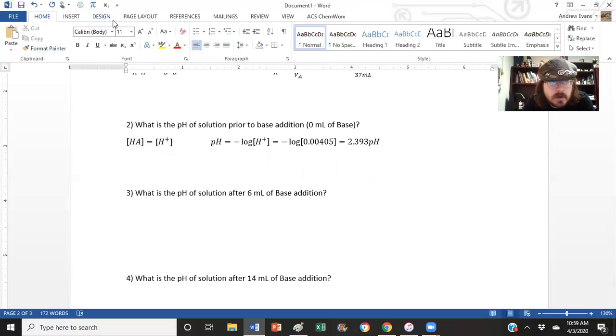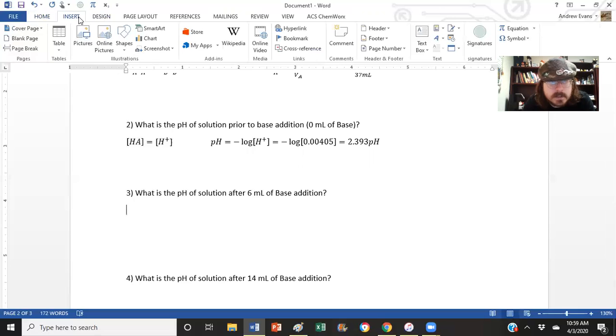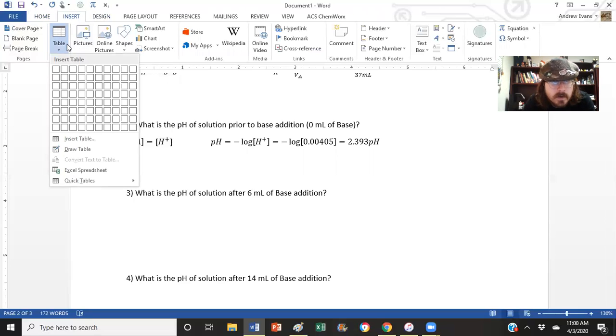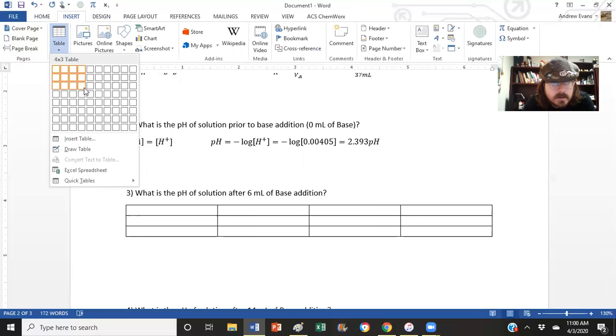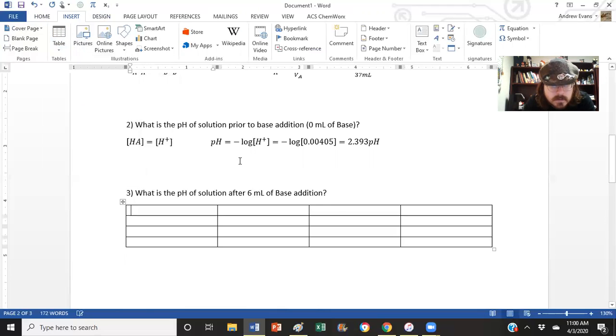But because this is a strong acid, this has no real significance. So we have to deal with our titrations and our neutralizations. So we have to break this down into several steps.